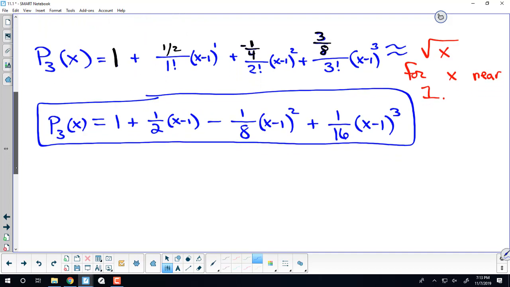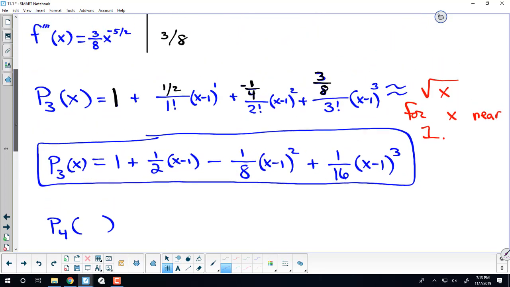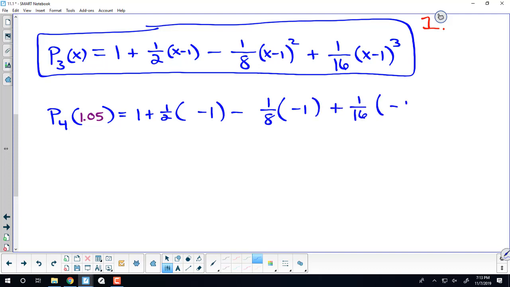And then we want to use that polynomial approximation for root x to approximate the square root of 1.05. Okay, oops, I need the powers.